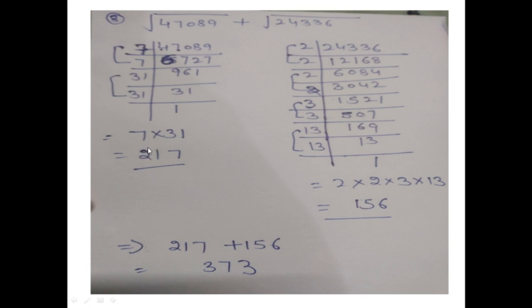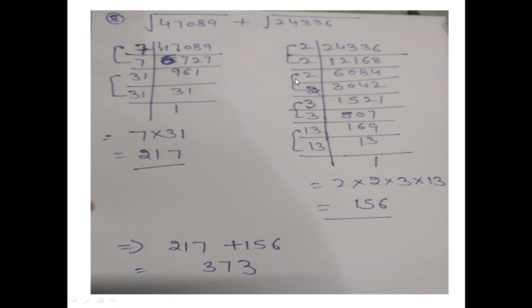And then find out the prime factors of this given number, 24,336. When you find the prime factors of this number, you will get 2, 2, 2, 2, 3, 3, 13, and 13.